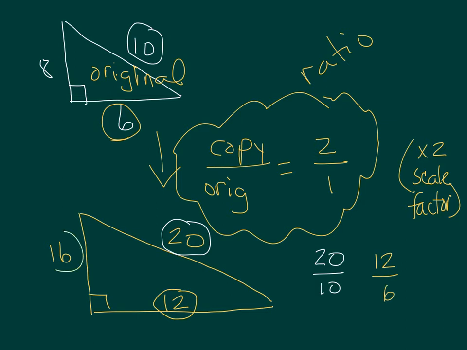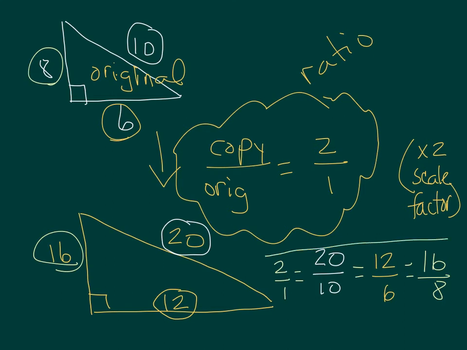I could do 16 over 8. Now here's the cool thing. All 3 of these ratios are equivalent, and they are equivalent to our scale ratio of 2 over 1. So you can use any set of sides, and the ratios should be the same. That's because the sides are similar. If the ratios aren't the same, then the sides are not similar.